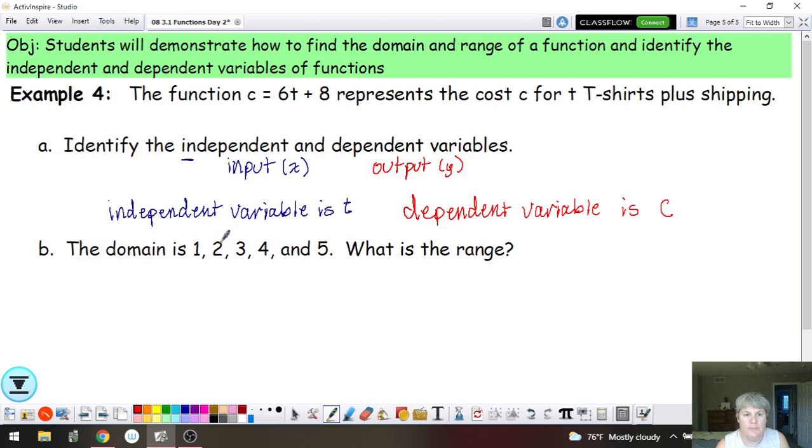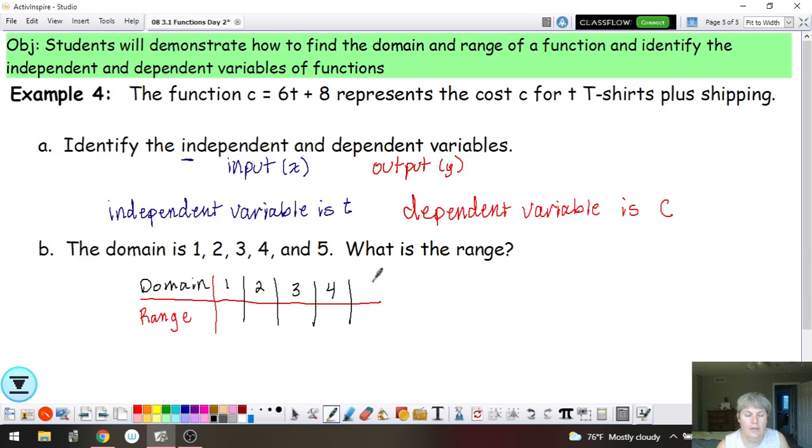Now, if we know our specific domain, we can find our range. So I'm going to create a table here. I'm going to list my domain in one row of my table so that I can find my range. My domain is 1, 2, 3, 4, and 5.